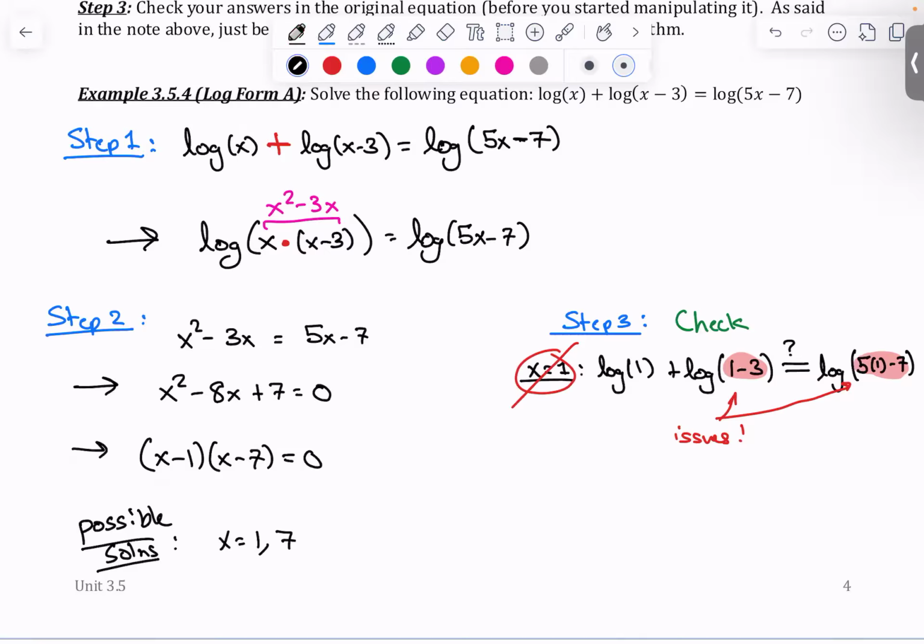And let's then check x equals 7. Well, log of 7 plus log of 7 minus 3, does that equal log of 5 times 7 minus 7?